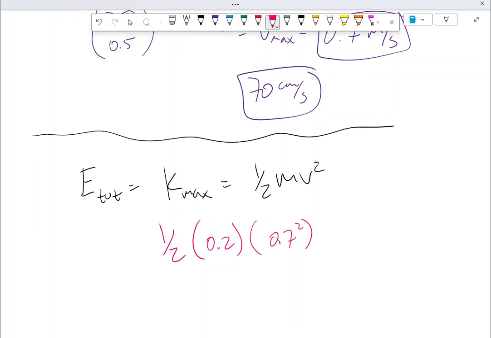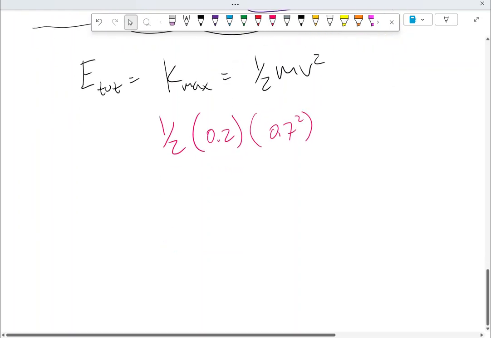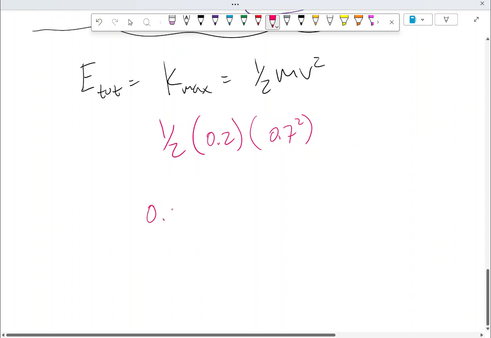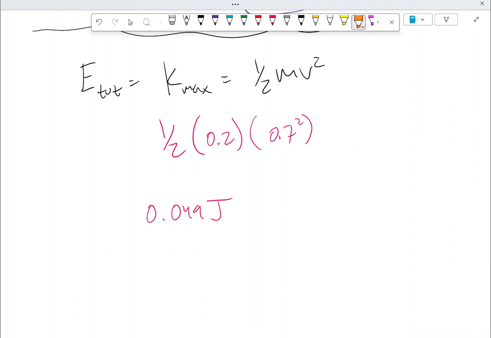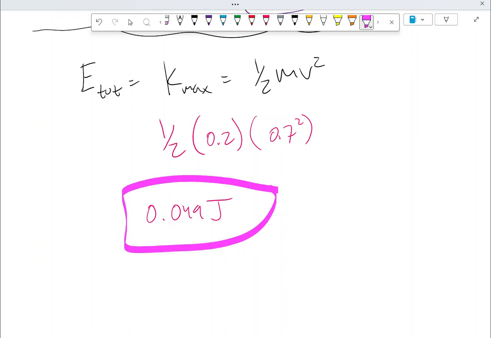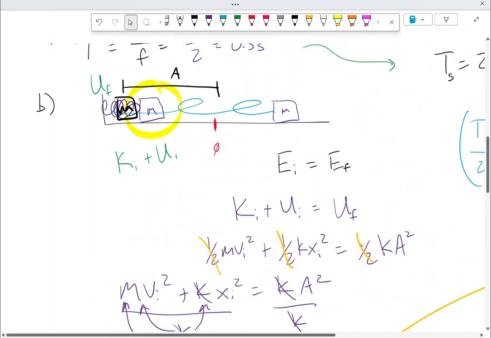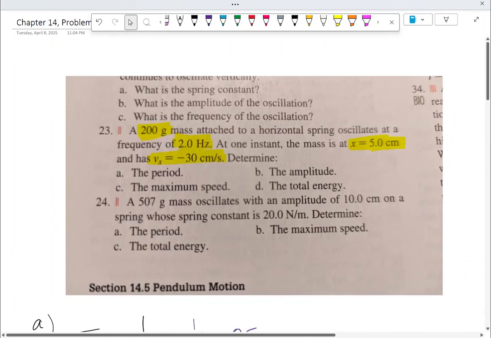So I'm getting about 0.049 joules. And there you go. There's the total energy that it's playing with. So a lot of energy equations. Again, I think part B was quite tricky. Okay, so hopefully that helped. Thank you. Bye.